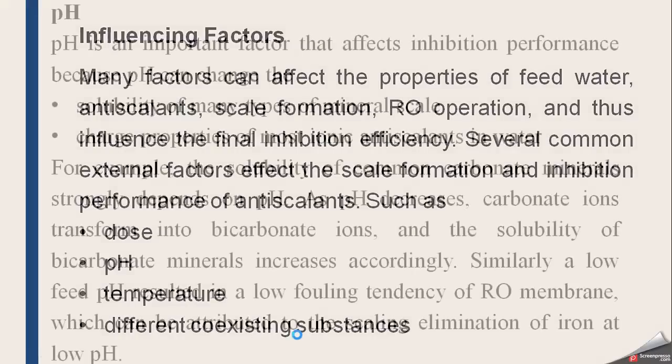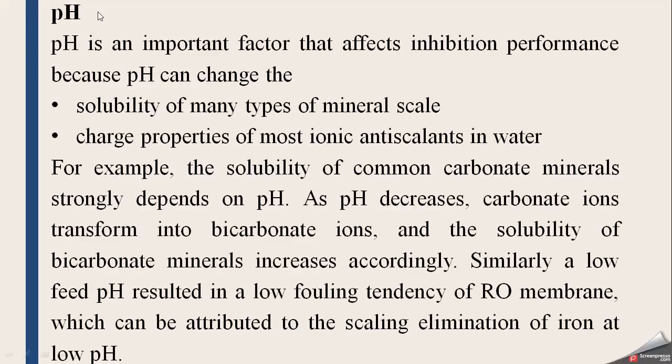So first of all, we will discuss the pH. pH is an important factor that affects inhibition performance, because pH can change the solubility of many types of minerals. That is, the solubility of many salts depends upon the pH of the water, and also the charge properties of most ionic antiscalants in the water.